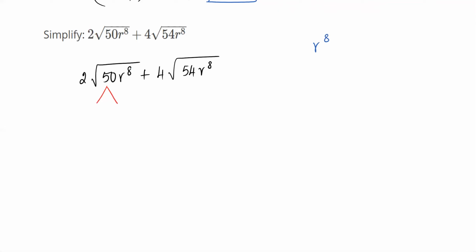So what we're trying to do is look at the power. If it is an even power, life is easy, okay? If it's an even power, life is easy because all you have to do is write the r to the power 8 as r to the power something, the whole squared. Because remember, the square and the square root will undo each other. So you're trying to rewrite the r as a square.